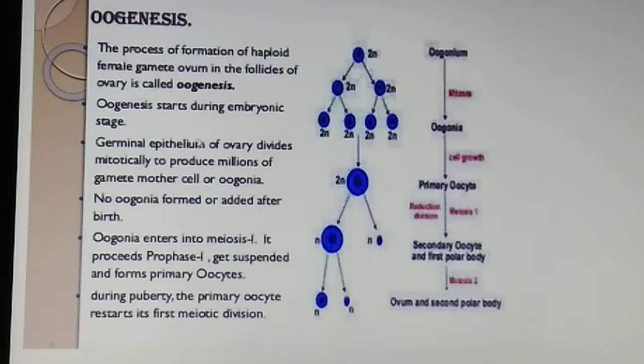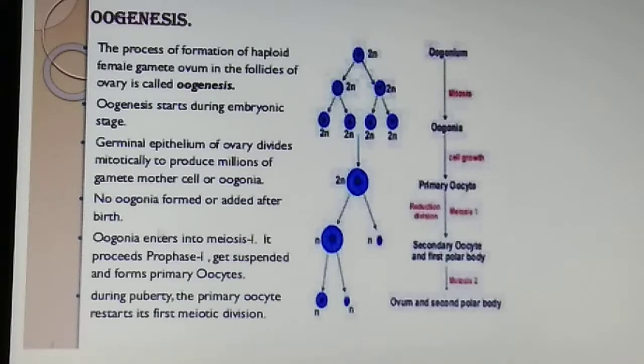Now oogenesis starts during the embryonic stage. The germinal epithelium of the ovary divides mitotically to produce millions of gamete mother cells, or oogonia. So you can see here, these are the oogonia or gamete mother cells. And remember one thing, students, which is very important here: no oogonia are formed or added after birth.